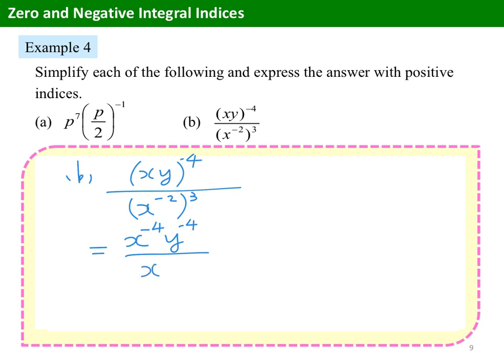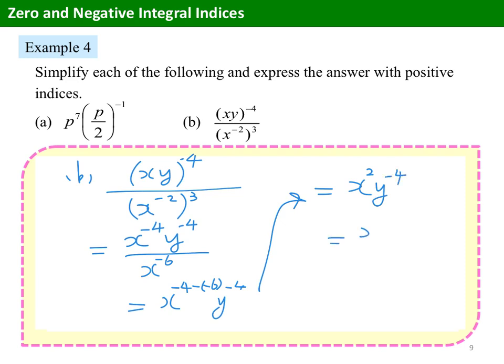Denominator, negative 2 times 3 is negative 6. And simplify this: x to power negative 4 minus negative 6, and y to power negative 4, just keep it. Become x squared y to power negative 4. For negative index, you reverse it, become y to power 4. Okay.